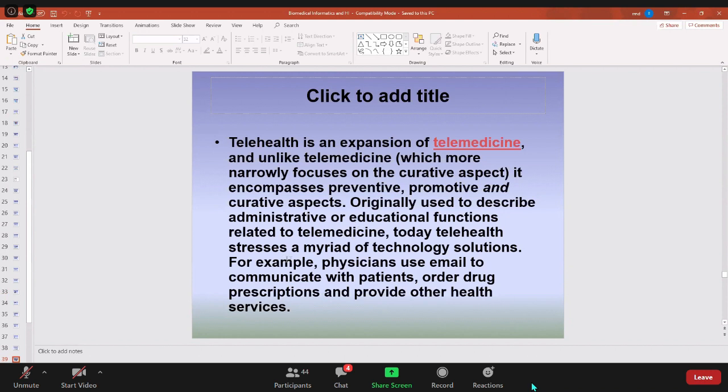Today, telehealth stresses the merit of technology solutions. For example, physicians use email to communicate with patients, order drugs and prescriptions, and also provide other health services.